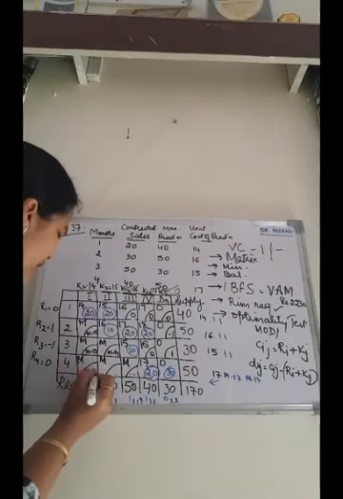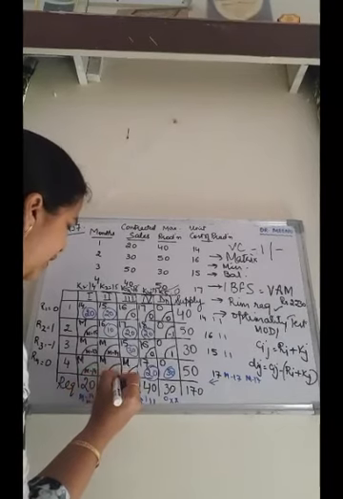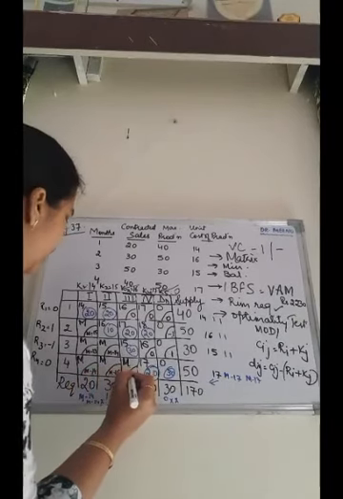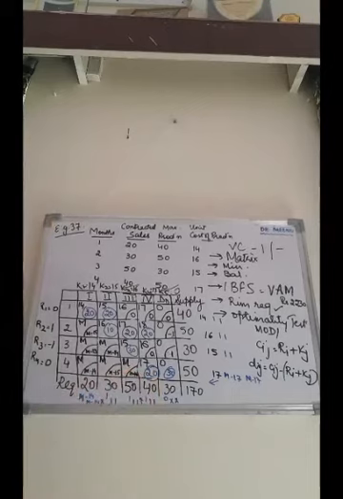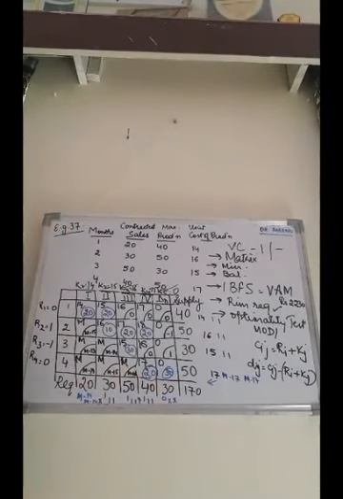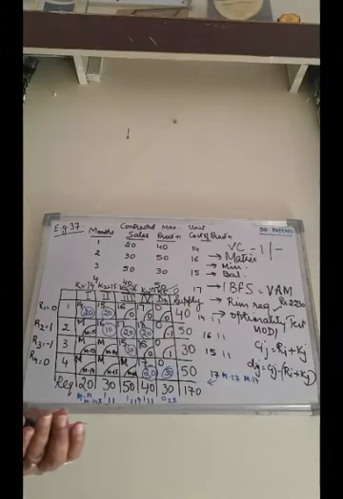M minus 14. M minus 15. M minus 16. Now we have to check for the opportunity cost. Since there is one minus 1, so that means there is a better solution for the question.